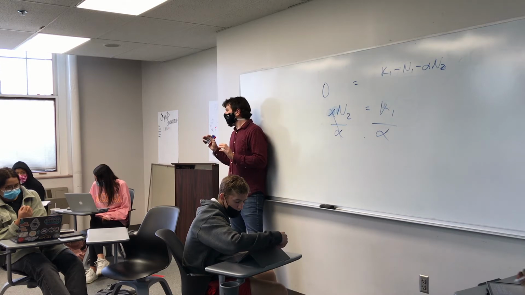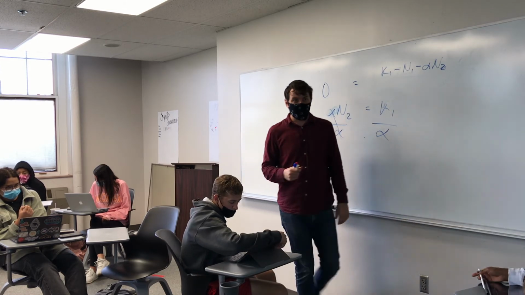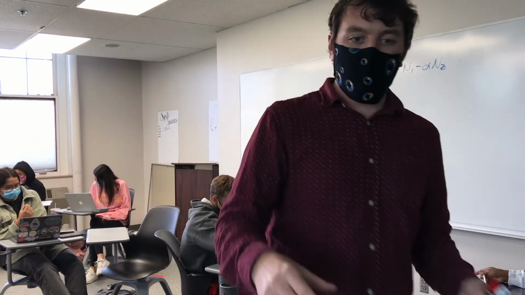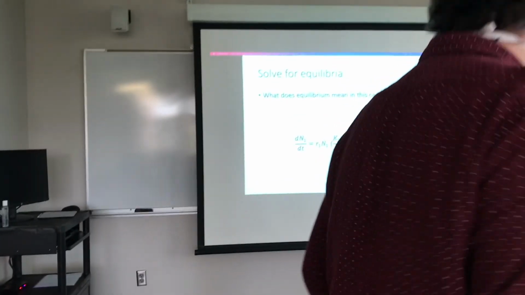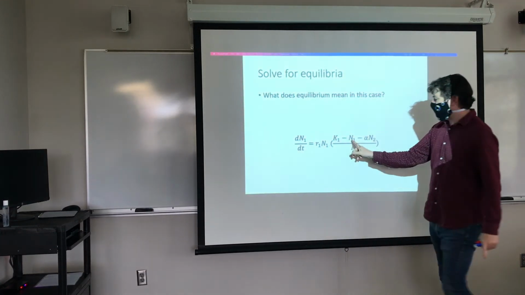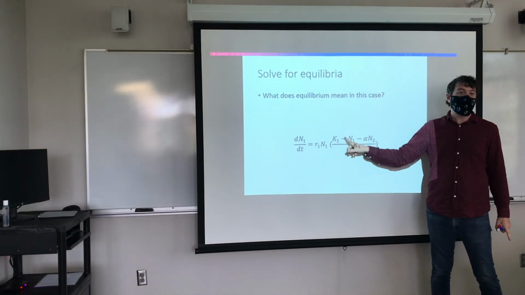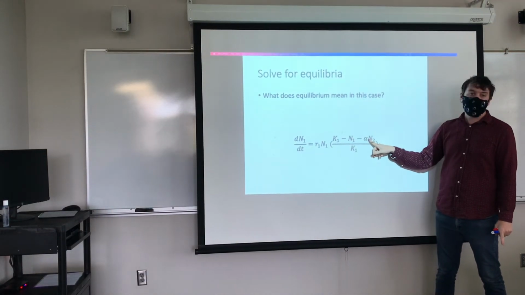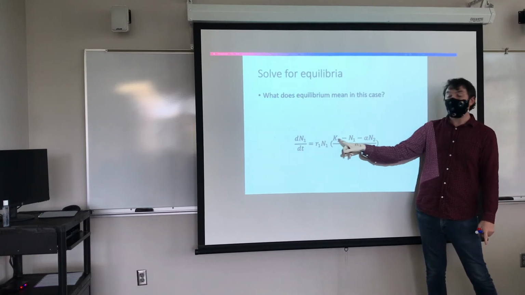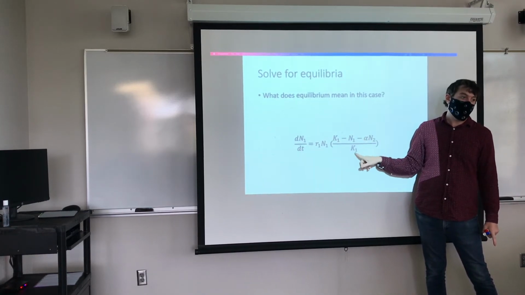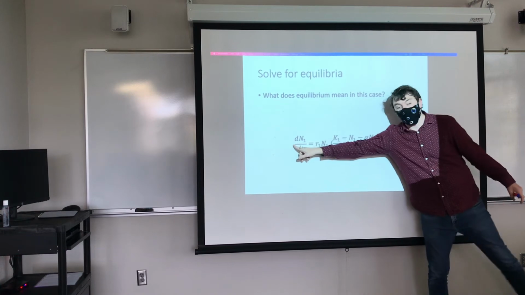So, we talked about how there's a whole bunch of combinations for species 1 and species 2, such that there's a population size here and here, where together N1 and alpha N2 equal K, such that K minus K is 0, and this whole thing goes to 0.